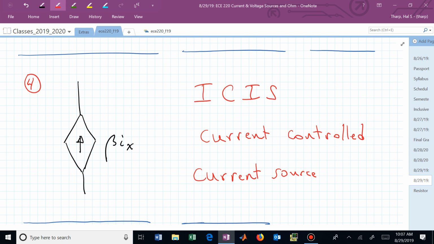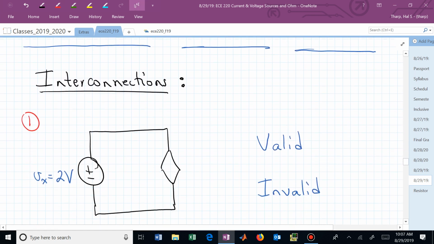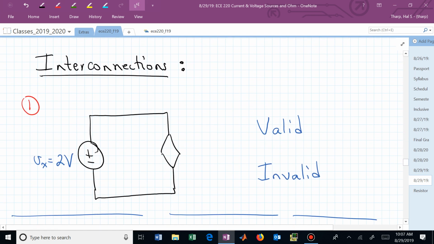Now, if you liked the last game we played, let's do another one. But now we're interconnecting independent sources with dependent sources, and suppose, let me see if I can get this the way I want it. Suppose now that we say this is now 8 V sub x. Is that permitted, valid, or is it invalid or not permitted?